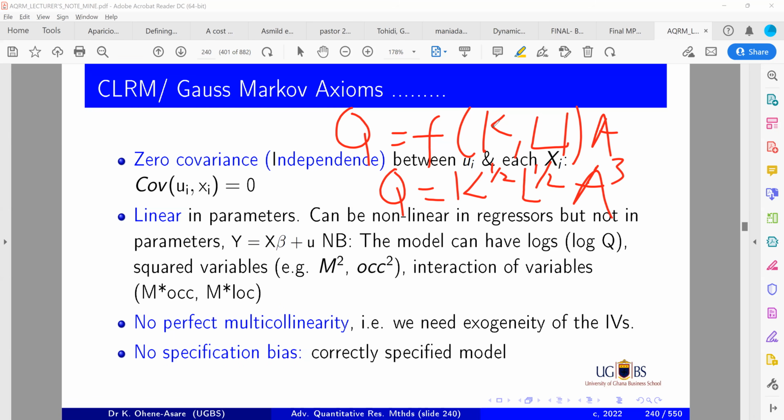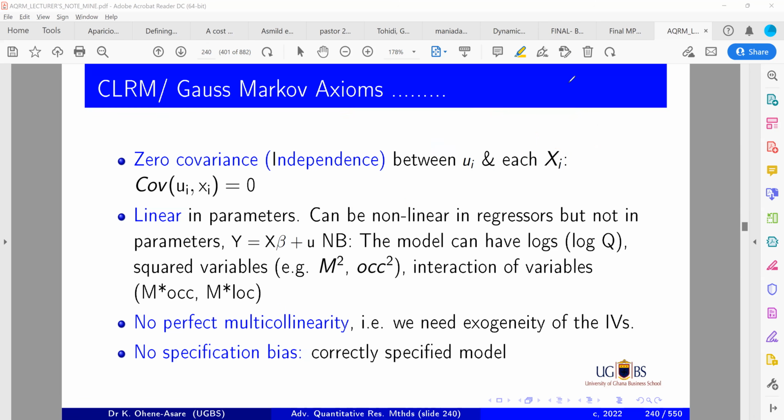Because anytime you are doing the model, the way you write a model is critical. And one of the challenges of regression is that if you have a wrongly specified model, that will affect your results. And so your interpretation will be wrong. And that is why the rule says that there must be no specification bias.